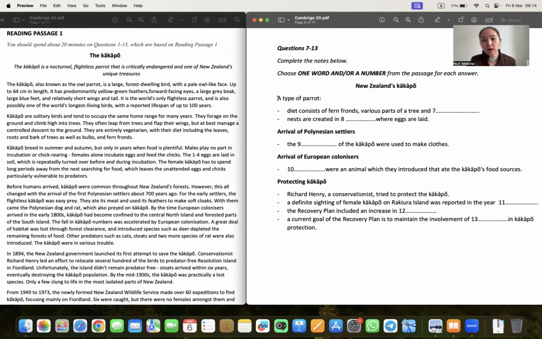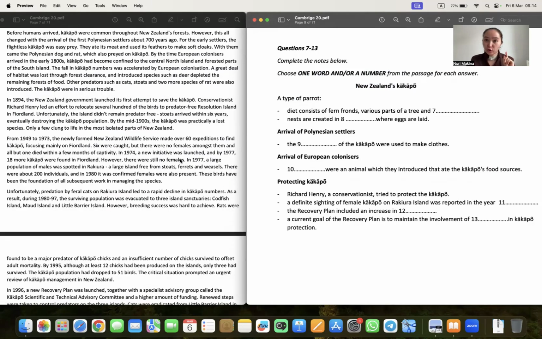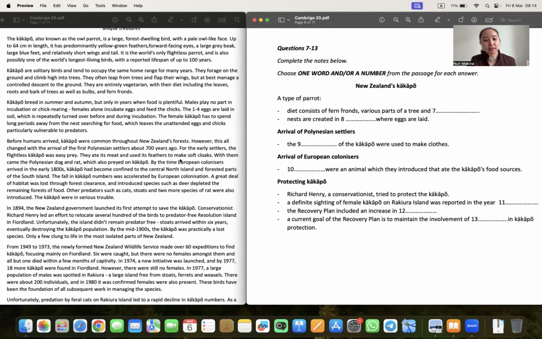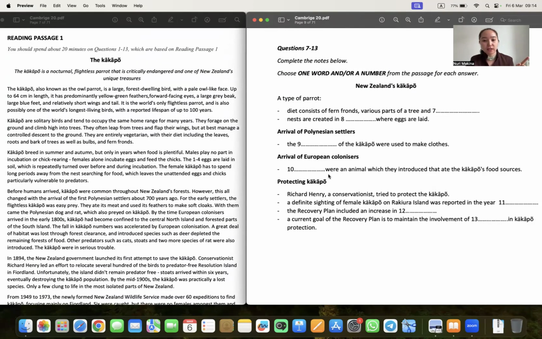That is our first goal. The second goal is arrival of Polynesian settlers. The passage also has arrival of European colonizers and protecting kākāpō. These titles and headings are also very helpful whenever you complete IELTS reading section tasks.